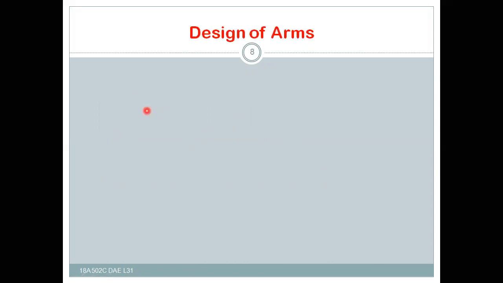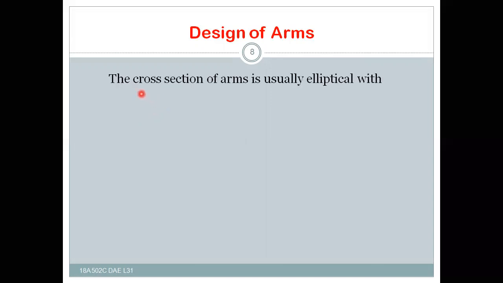And now the design of arms. The cross section of arms is usually elliptical, with major axis A equal to 2 times the minor axis.